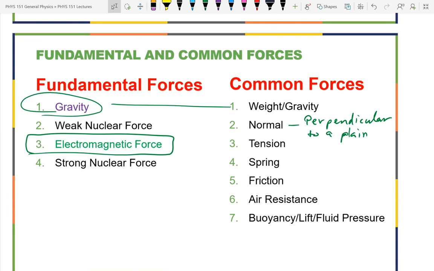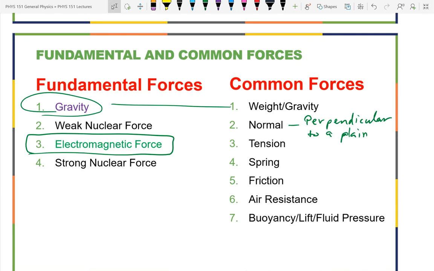Tension. Tension is a force that is exerted upon something like a cord or a chain or something. So tension is force through some kind of medium. And tension will apply a force anywhere it's tied on.